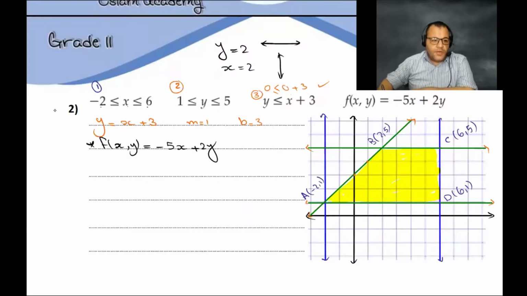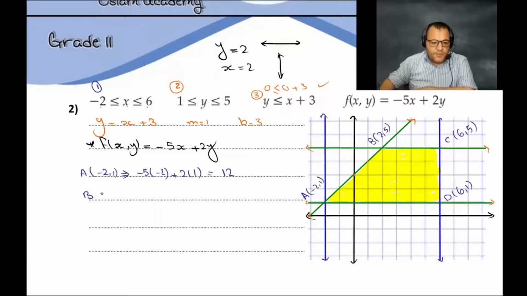At the first point, point A, (-2, 1): -5 times -2 plus 2 times 1. So this will be 10 plus 2 equals 12.